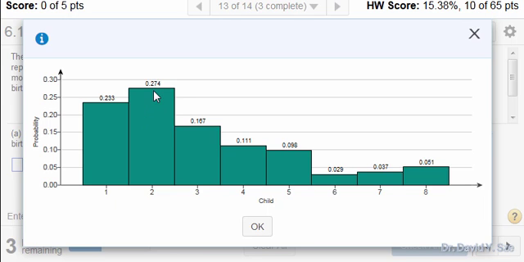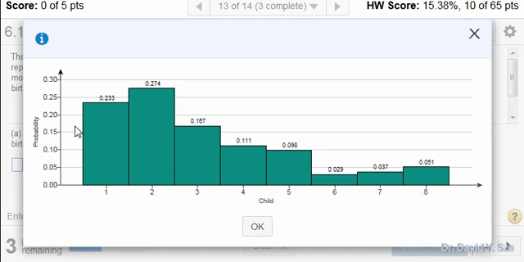For 27.4% of the women, this is their second child. We usually write probabilities as decimals and not as percents. So this goes all the way to, for 5.1% of the women, this is their 8th or higher live birth.